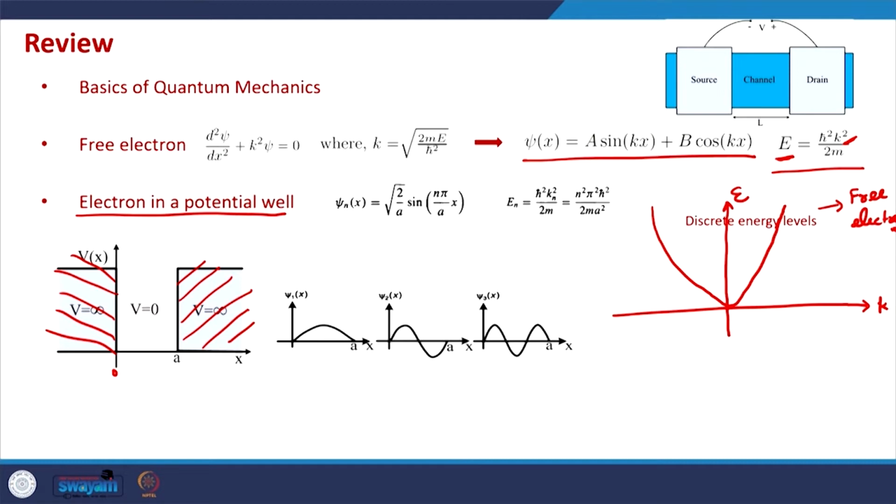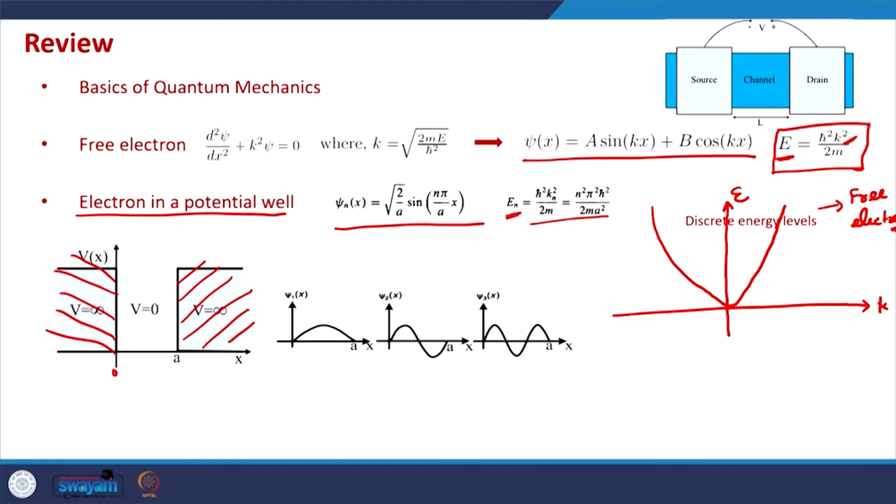And in this case, we saw that the electronic wave function is still a sinusoidal kind of wave function, but the energy values are no longer a continuous set of values. Now, the energy values are discrete values which are given as n squared pi squared h bar squared divided by 2 m a squared, which means that in a potential well electrons can take only a certain set of energy values.